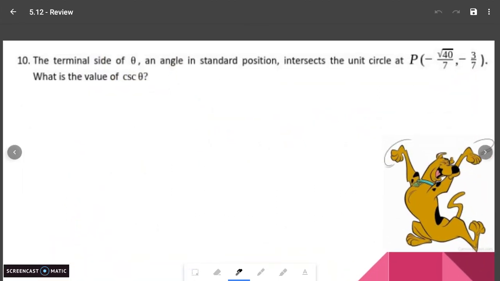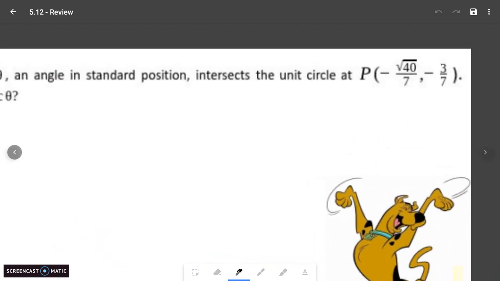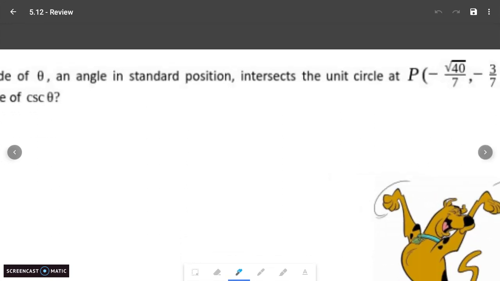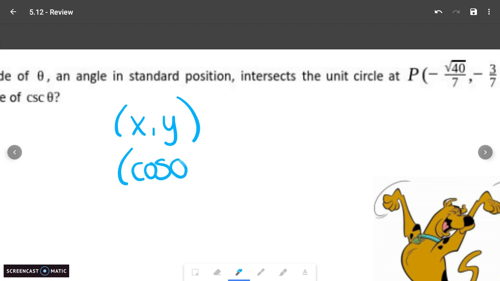The terminal side of theta, an angle in standard position, intersects the unit circle at these 2 points. What is the value of cosecant theta? So if we're thinking about that, remember xy in this case, that's the same as cosine theta and sine theta.